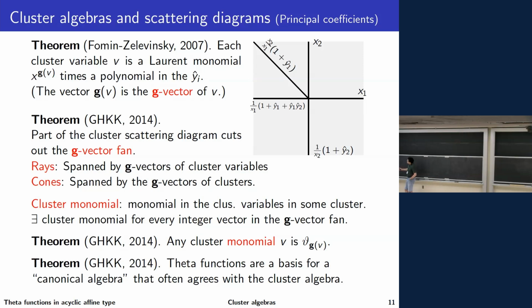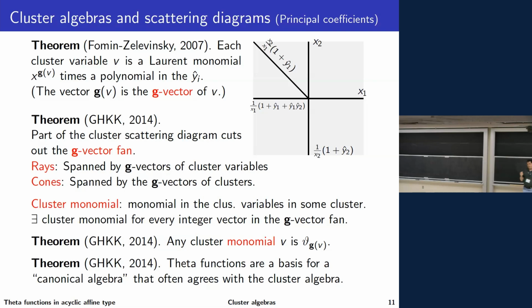But also here, there's another cone. There's a cluster with x2 and this more complicated thing, and I can take monomials in those 2 functions. Those are cluster monomials. And the reason that GHKK had anything to say about cluster algebras is because any cluster monomial is a theta function, specifically a theta function for its g vector.